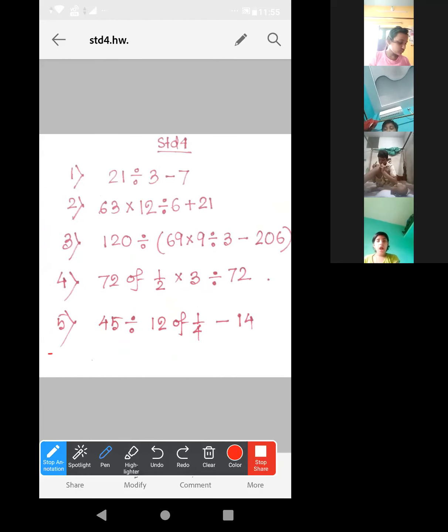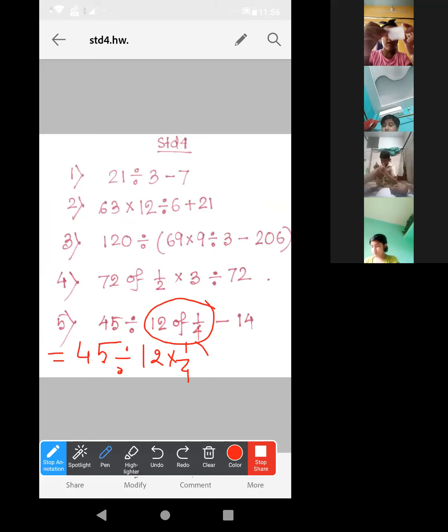Look, this one: 45. First, we have to calculate this of part. This division will remain as it is. This portion will be 3 minus 14.